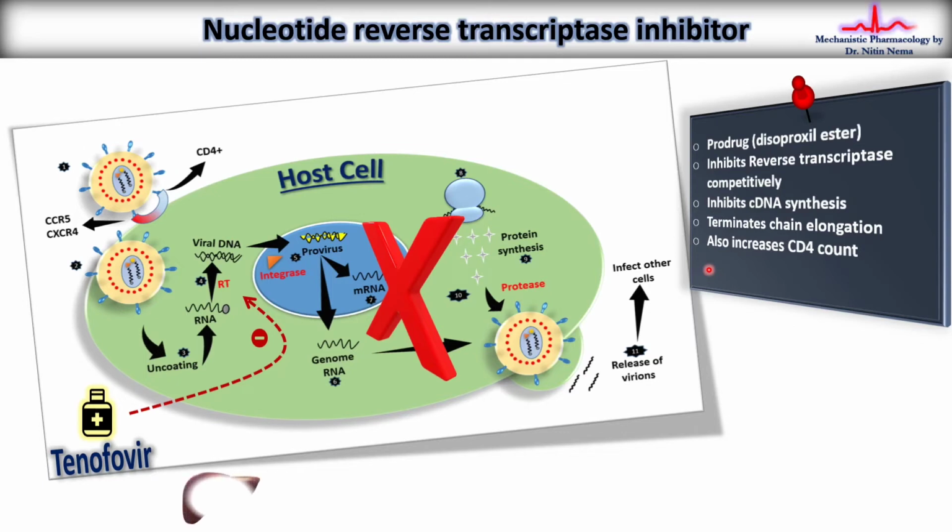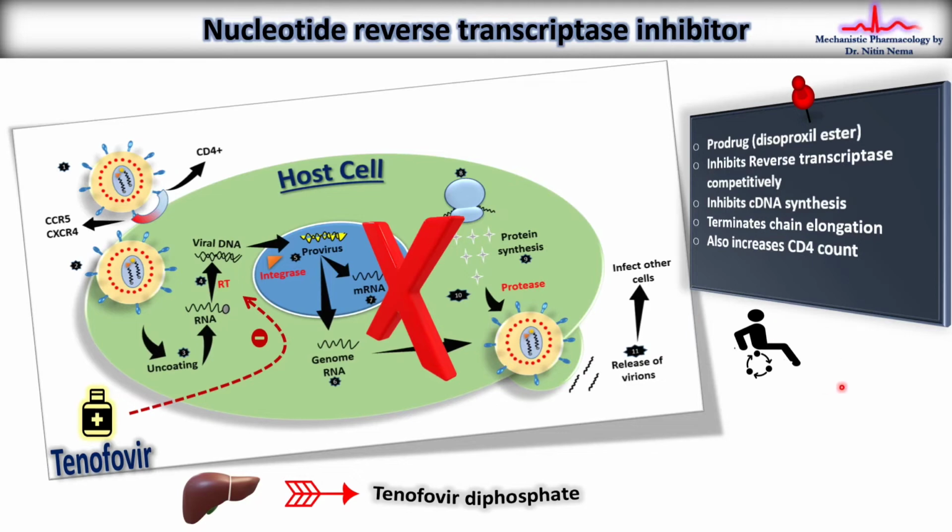In the liver, via cellular kinase, it converts into its tenofovir diphosphate form, which inhibits the enzyme reverse transcriptase. A few side effects include diarrhea, depression or insomnia, vomiting as well as headache.